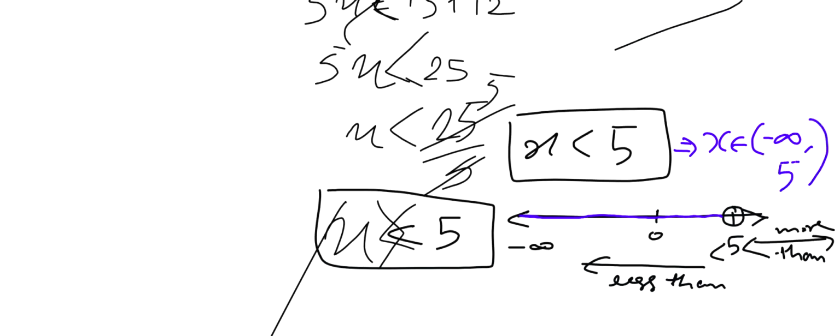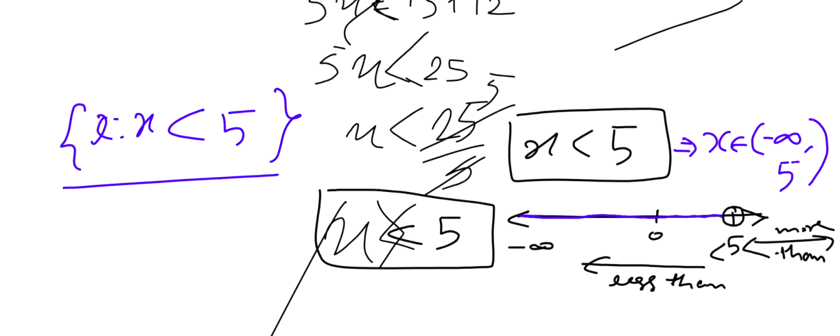Did you understand? Yes, sir. The same thing can be written as a set: x such that x is less than 5. This is enough. This is the set, this is the interval, and this is the number line representation.